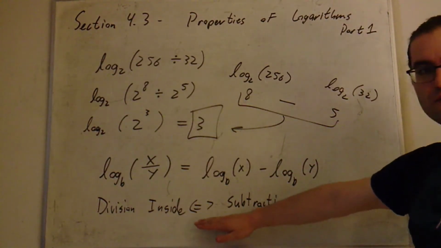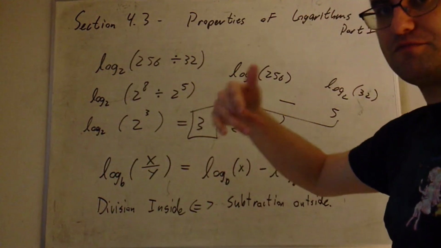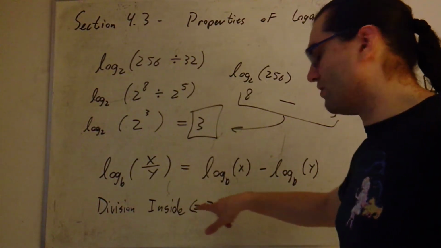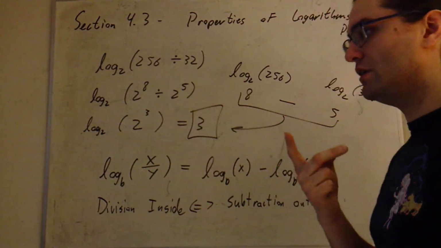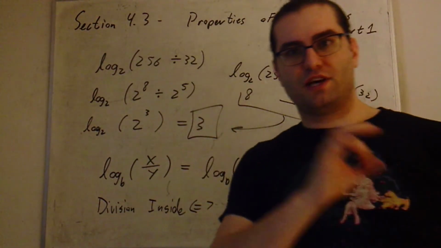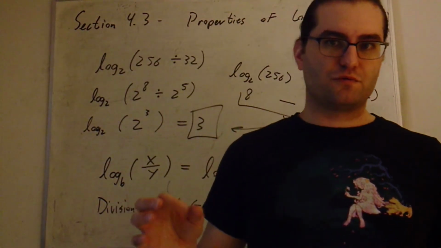If we're dealing with properties of logarithms, that is extra true. Especially because the properties of logarithms are all sort of backwards from the properties of exponents. A property of exponents was that multiplication outside became addition inside. And a property of logarithms was backwards.